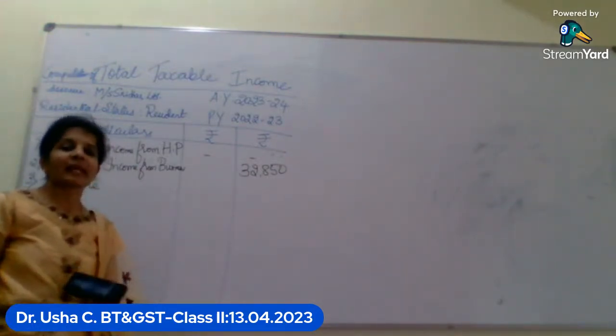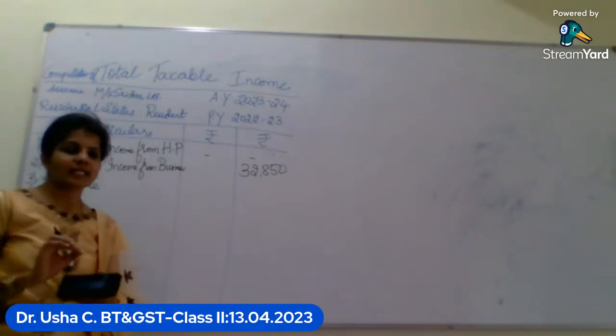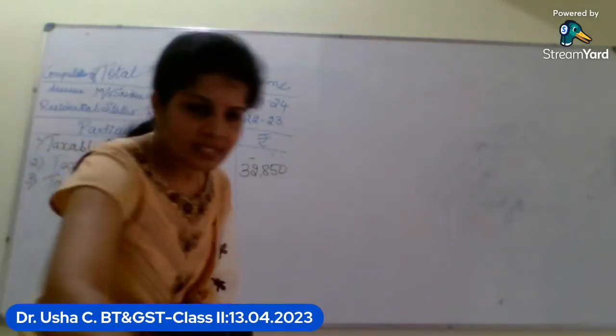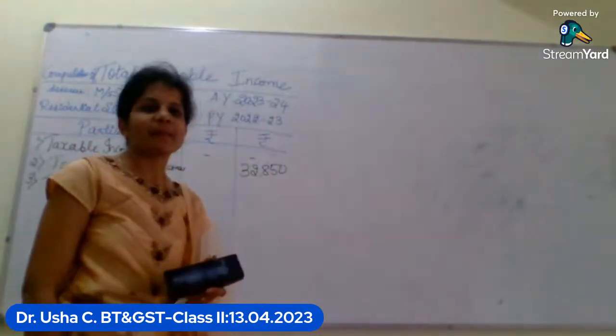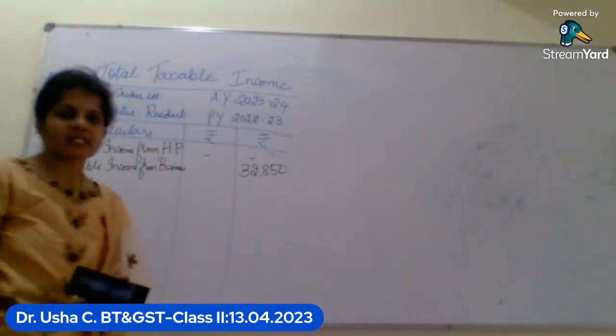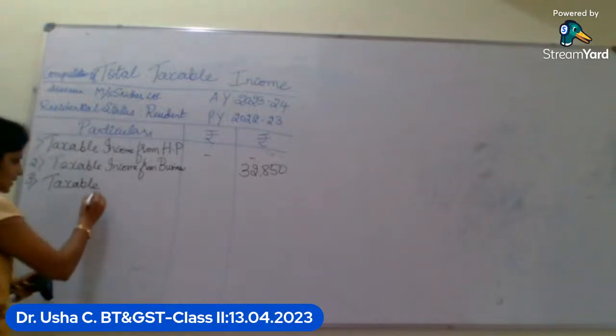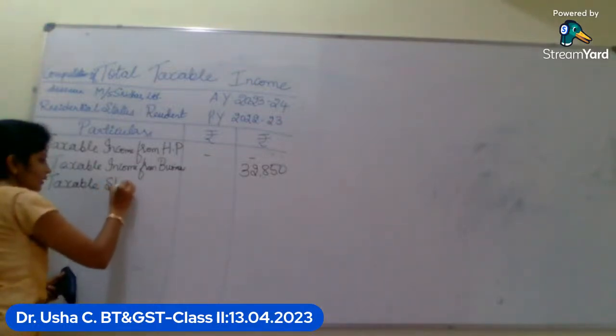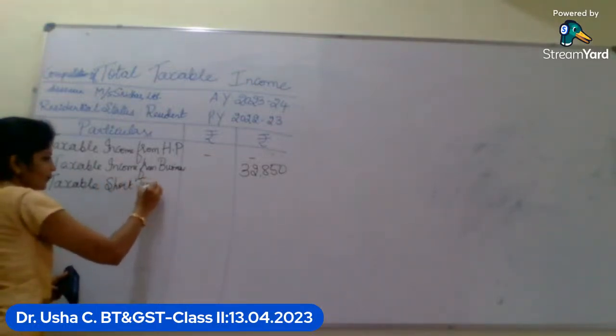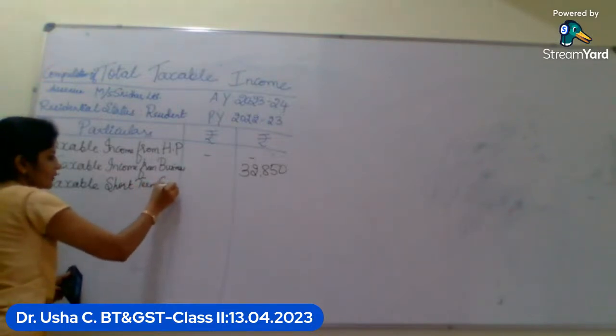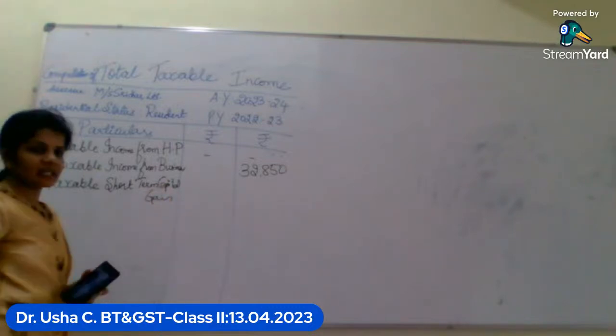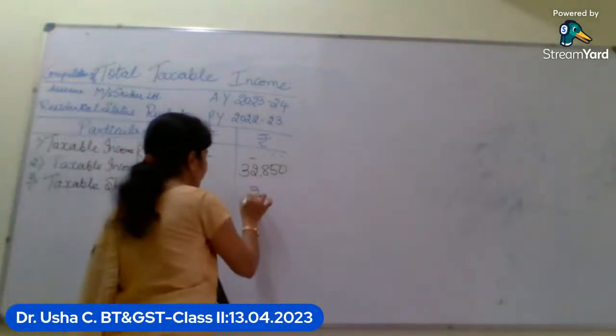They have given capital gain in bracket, short term, correct? What is the amount? It is 2,500. In the sense, it is taxable short term capital gain of 2,500.